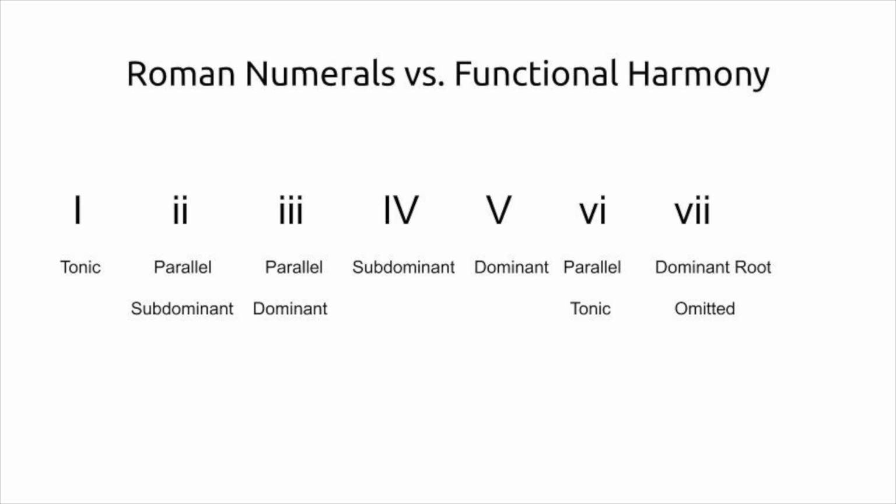We have to move from the Roman numerals to the functional harmony, where we call the different chords on the diatonic scale tonic, parallel subdominant, parallel dominant, subdominant, dominant, parallel tonic, and a dominant chord without the root, and back to the tonic.